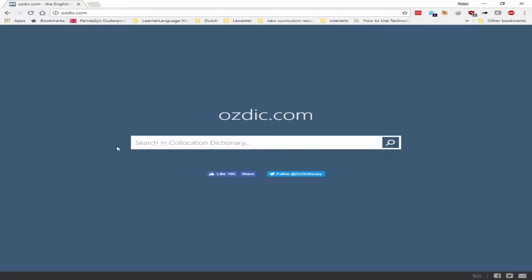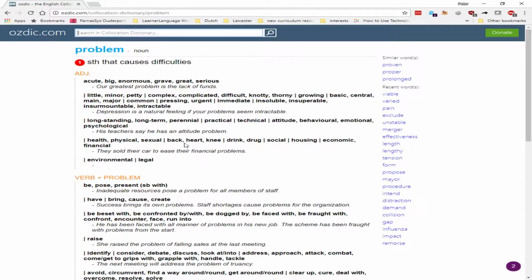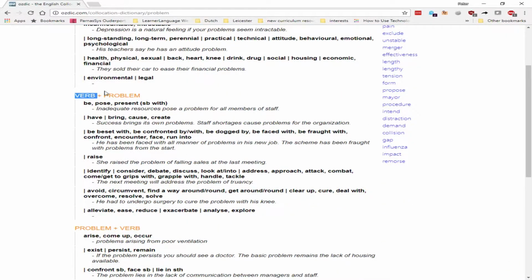This is OSDIC, it's a collocation dictionary, and if we type in the word problem, and if we look at what kind of verbs we can use together with this word, we can see here that face is an acceptable verb. Face a problem. He has been faced with all manner of problems. We also see the word address.